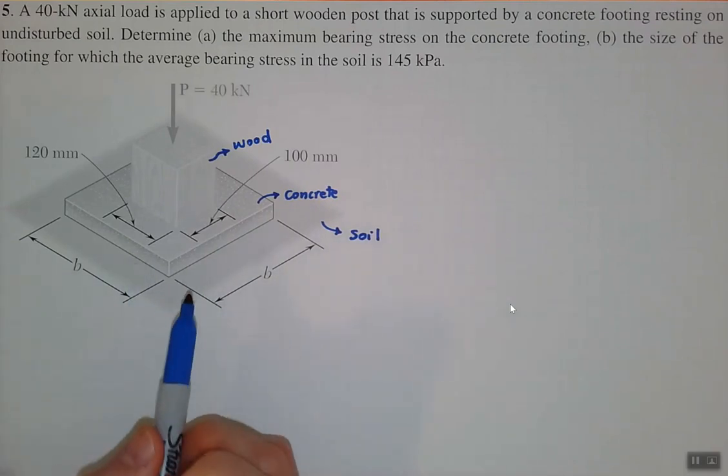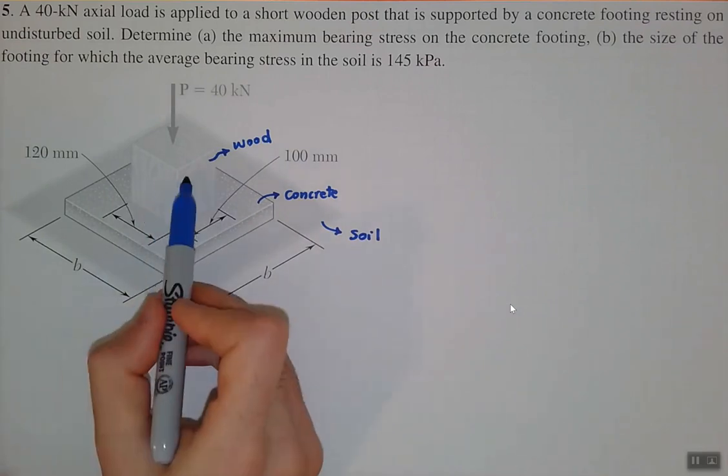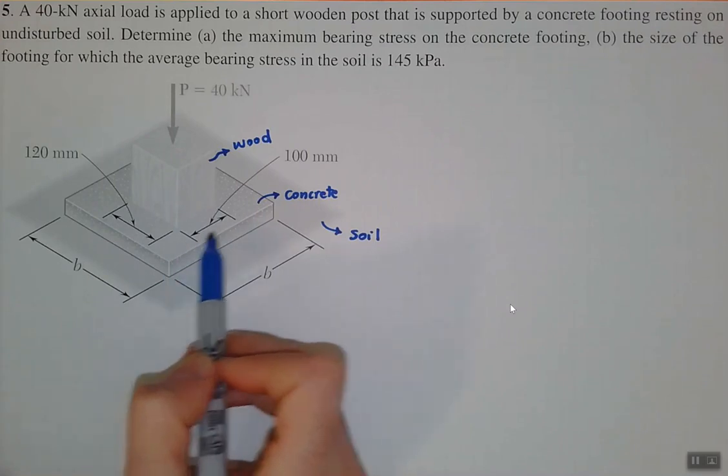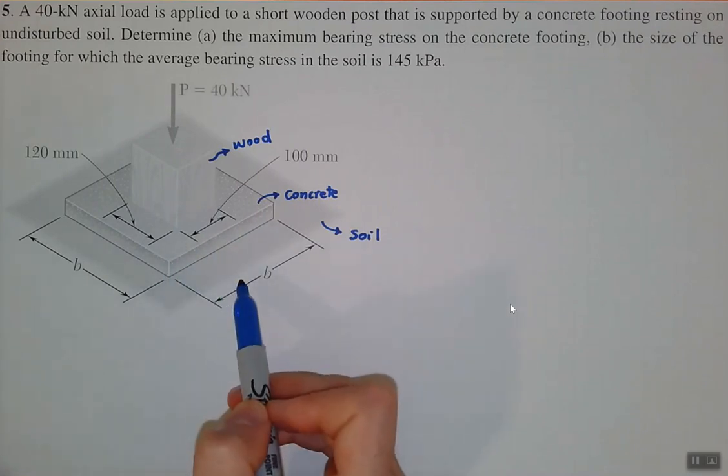And usually again, civil engineering students need to deal with this sort of problem. They need to calculate the stresses that the wood creates on concrete, and also the stresses that concrete creates on soil, right?